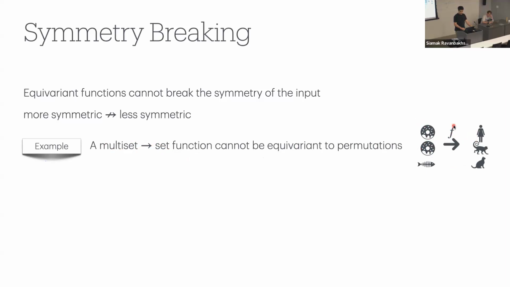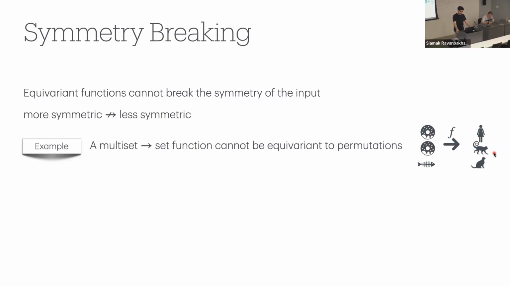Here, if you want equivariance to permutation, meaning that permutation of inputs should give you permutation of the output, so that you have proper assignment, this function actually cannot be equivariant, because if you swap the two donuts, then the output should also swap, right? But the input hasn't changed. How could the output swap?